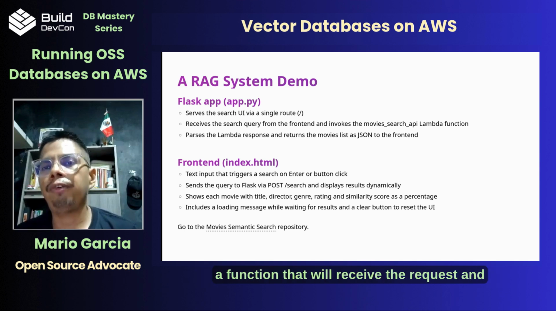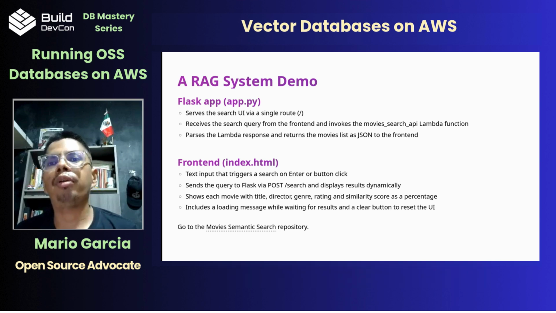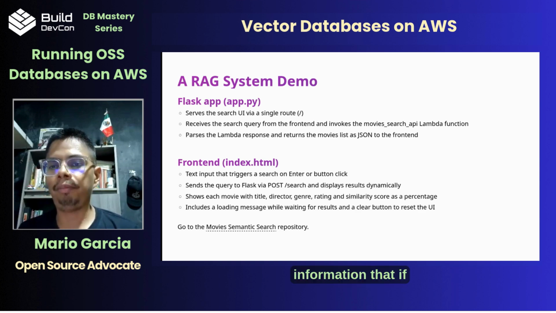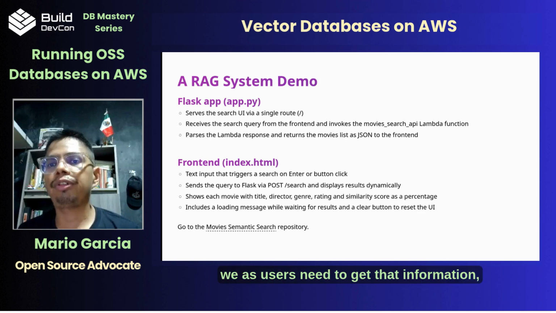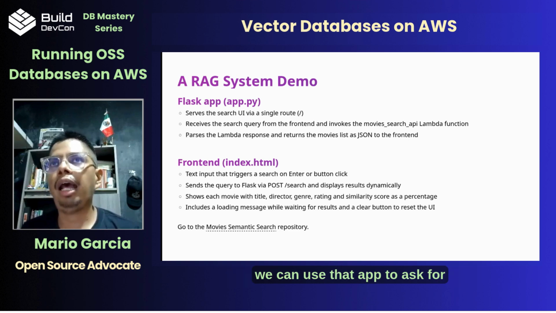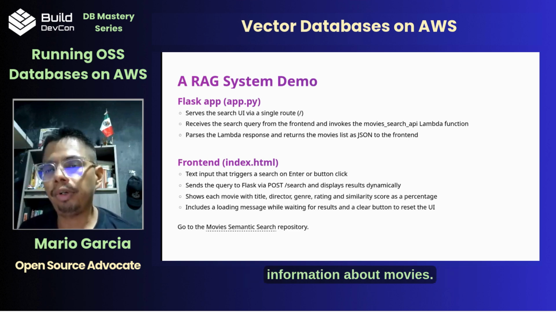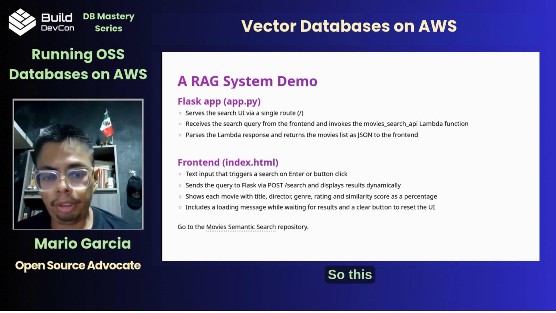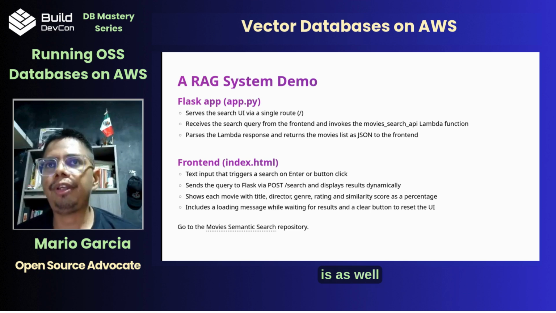We're creating a function that will receive the request and convert the text into an embedding, then query the database. And we have an application that, if we as users need to get that information, we can use to ask for information about movies.